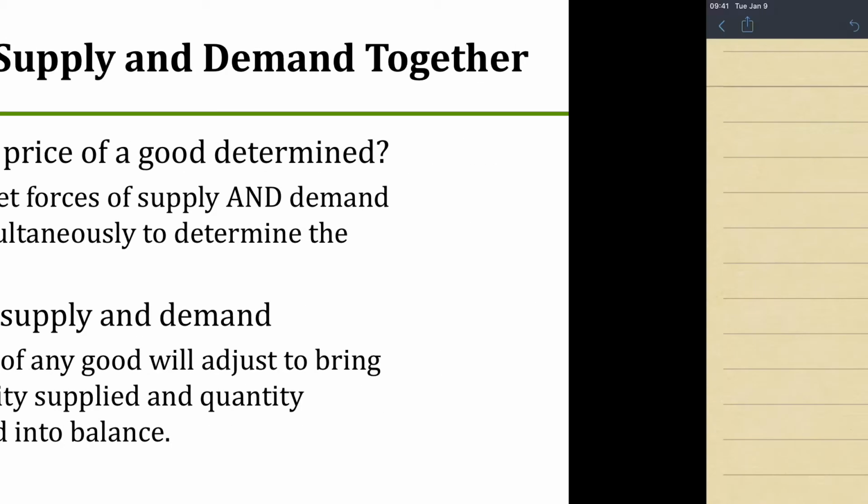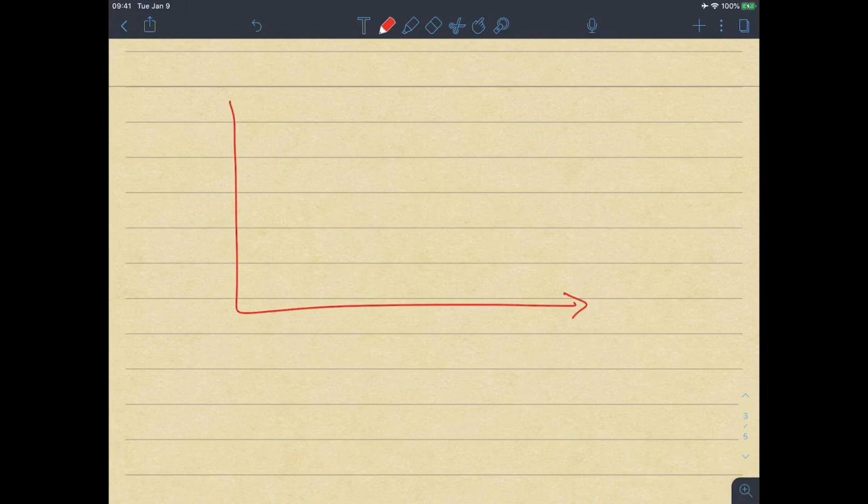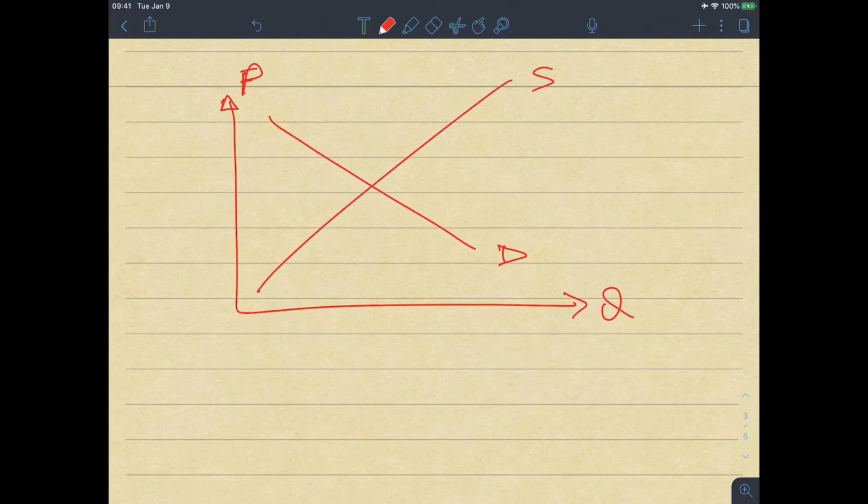So what I mean is, remember the demand curve we drew before. Right now I'm going to draw a regular demand curve that we did before. This is our price and this is the quantity, and the supply is here. As you can see, the intersection of those two curves will give me the equilibrium price and the equilibrium quantity.